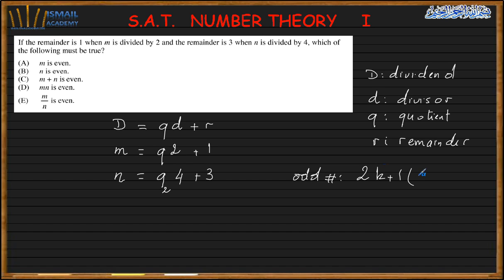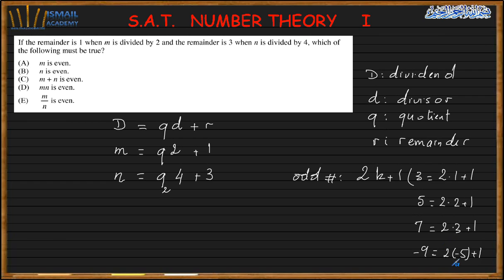5 is 2 times 2 plus 1. So any odd number is 2k plus 1.